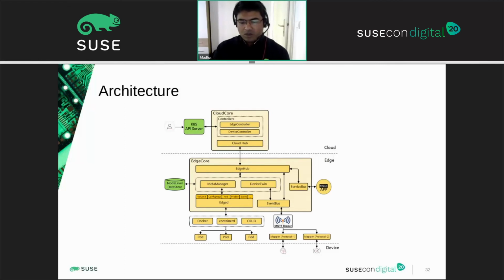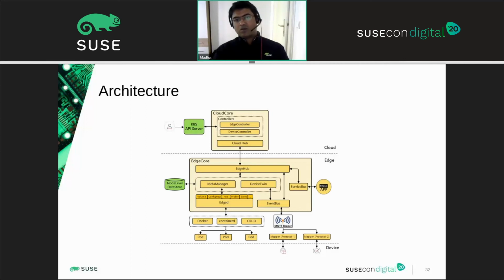And as we can see, multiple runtimes are supported: Docker, Containerd, or CRI-O. And the device twin, which is one of the most important components here, also known as the device manager, keeps track of all the devices that the Edge platform has access to, and through the Edge hub, it constantly synchronizes with the cloud.